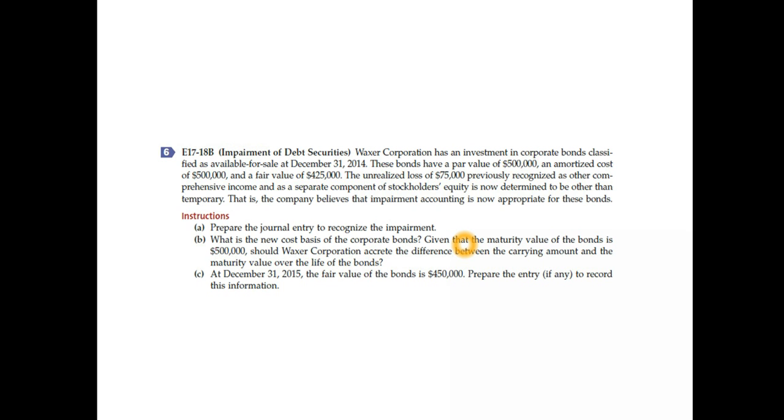So we prepared the normal journal entry that you see at the end of each period to establish a balance in the fair value adjustment account, so that when it's combined with the balance in the investment account, the net of those two equals fair value. So we've got an investment in available for sale securities account with a cost of $500,000.